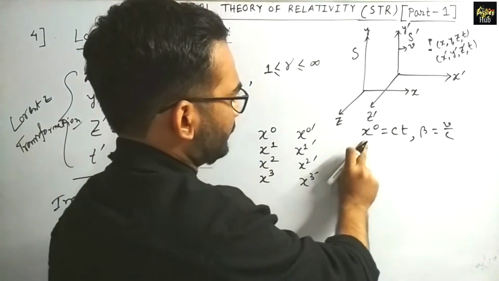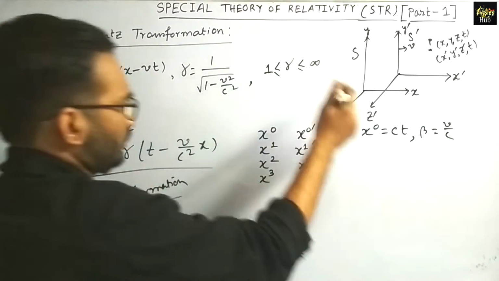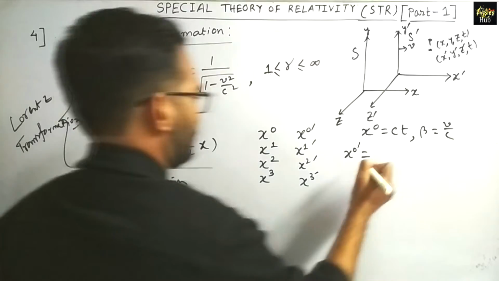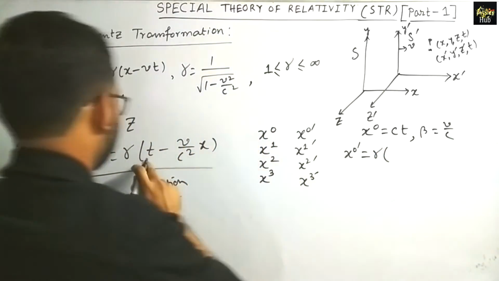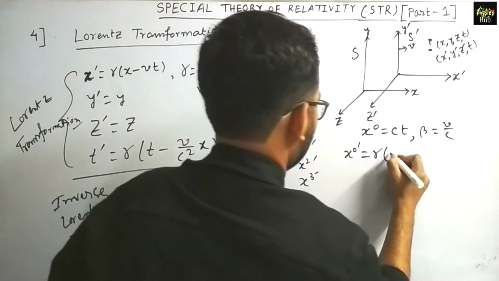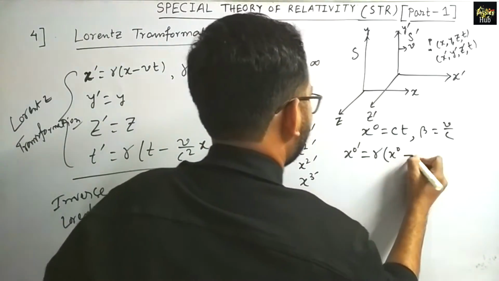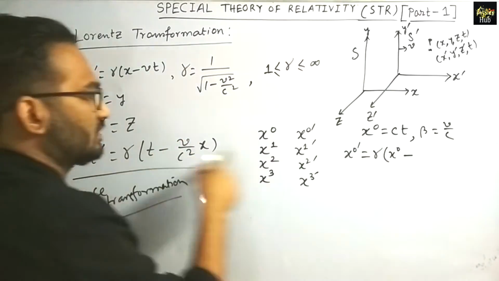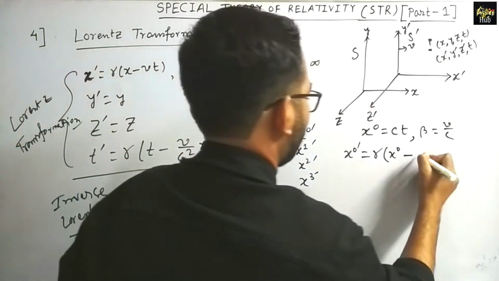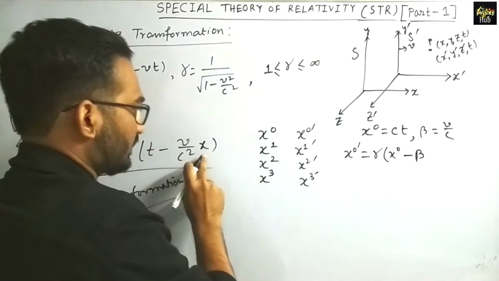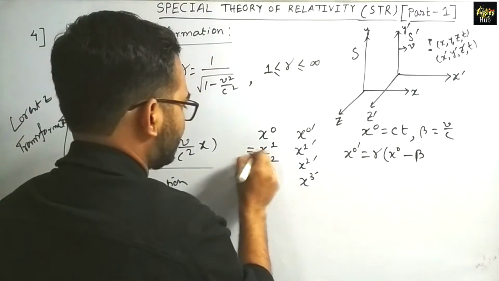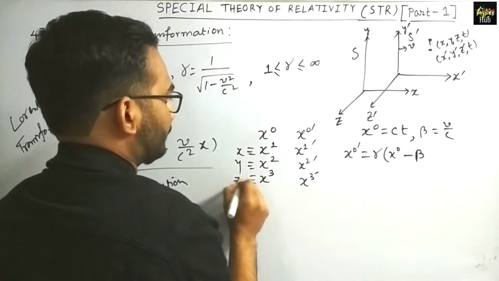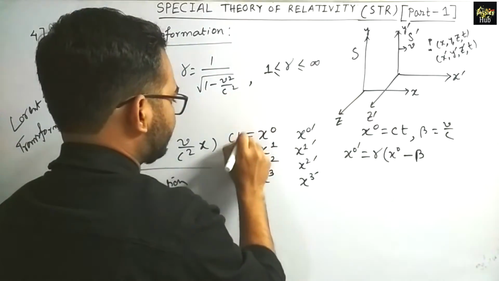As I have told, x0 equals c t. So c t prime will be x0 prime, and gamma will remain as it is, gamma into (c t, meaning x0, minus, now we are multiplying with c, so one c will get cancelled, v by c we have written as beta, and x). As I told, x1 means x, x2 is equivalent to y, x3 is equivalent to z, and x0 is equivalent to ct.